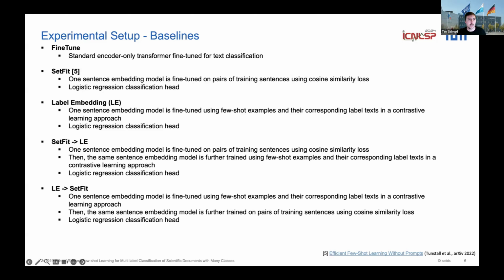So we again train one sentence embedding model, but first fine-tune with the label embedding approach and then continue training with the SetFit approach. Finally, we try FusionSent as proposed in the earlier slide, where we have two different sentence embedding models that we then fuse into one model body.